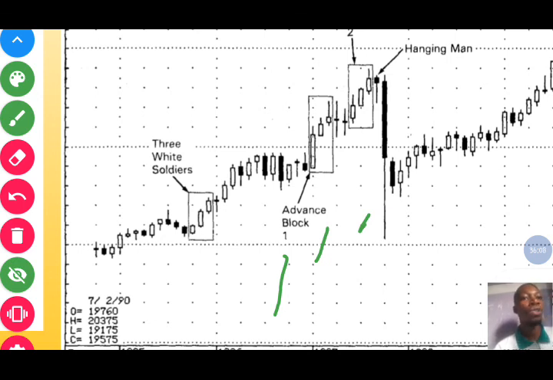This is supposed to be a bullish candlestick, and it's supposed to be traded when it's on a support area, not a resistance. I repeat. So let's move on. That is it for the three white soldiers.